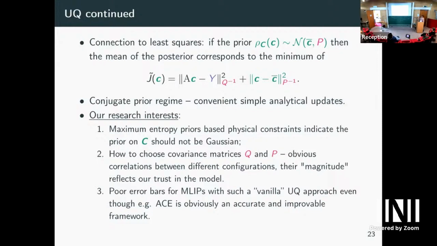And in particular, what's extremely useful is that in here we are in the conjugate prior regime, so you don't have to do MCMC or anything. If your priors are Gaussians, then your posteriors will be Gaussian, and all you do is you have an update rule related to these parameters.